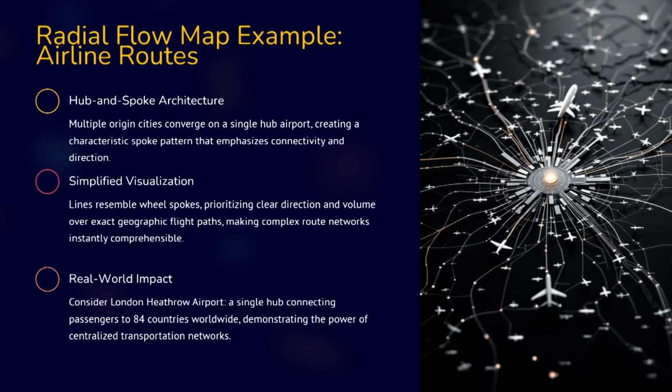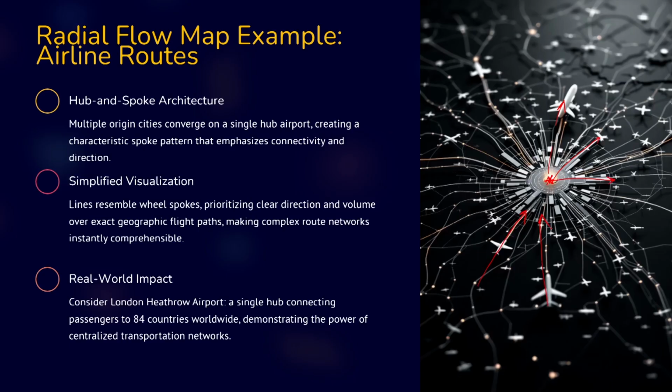Here for example we have taken airline routes as we discussed earlier. Let's say this point is our airport. From here the flights move outward, and whichever are coming inside are inward flow.